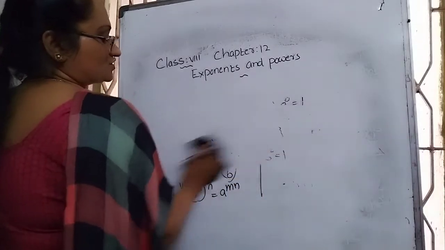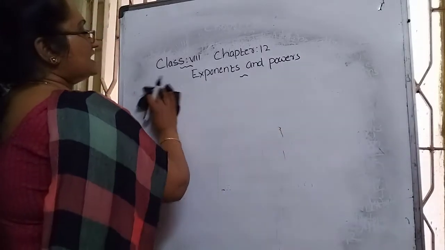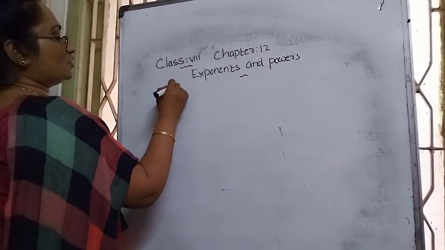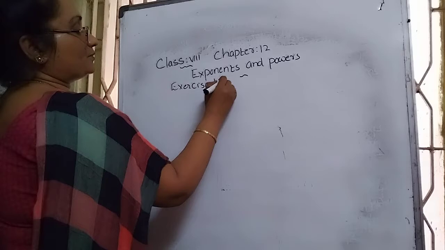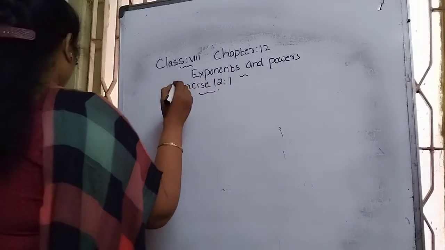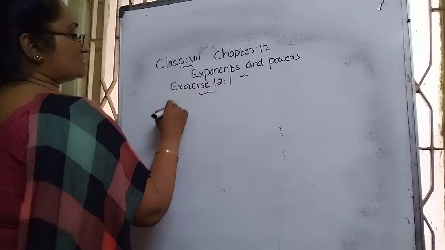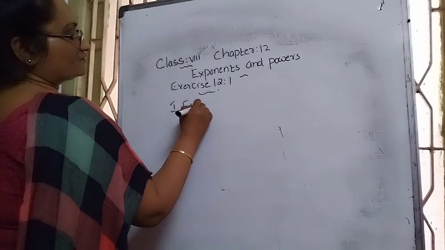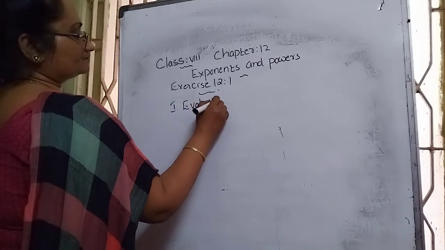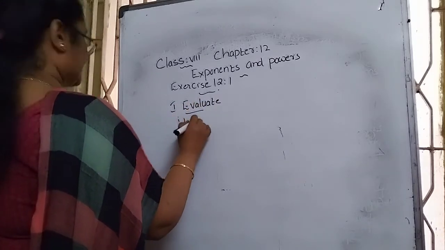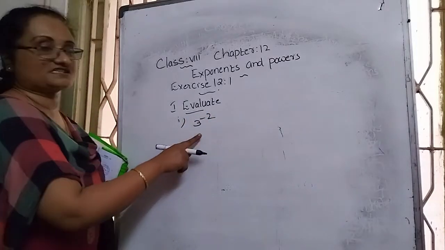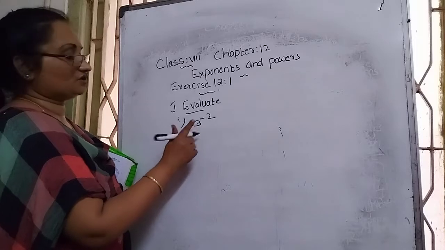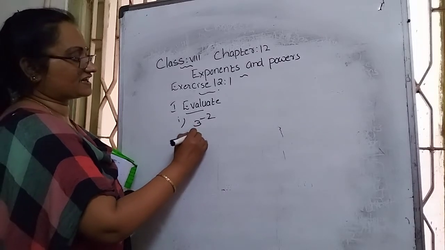Based on these rules, we can solve exercise 12.1. First problem: evaluate. First question, 3 raised to minus 2. Evaluate, find out. Here, which law? The negative power rule. Negative case means a raised to minus n.